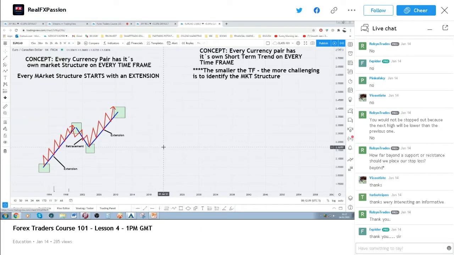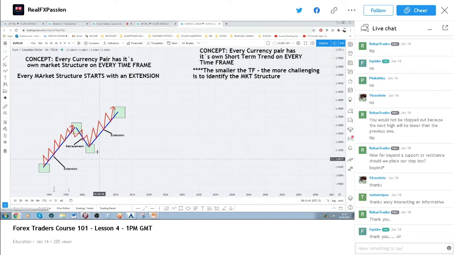Now, here is the kicker, everybody, and I'm going to repeat this two or three times. Because of the short-term trend, is it possible that we have a currency pair that has an up structure, but it's trending down? When the market starts to retrace in an up structure, we are going to have an up retracement.